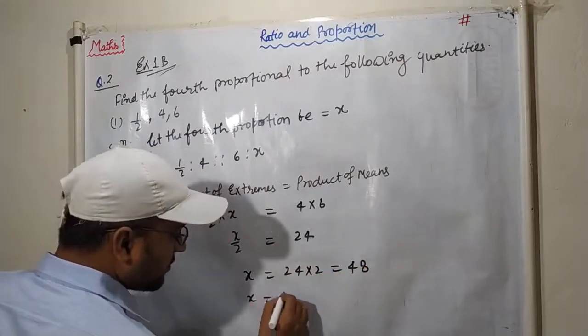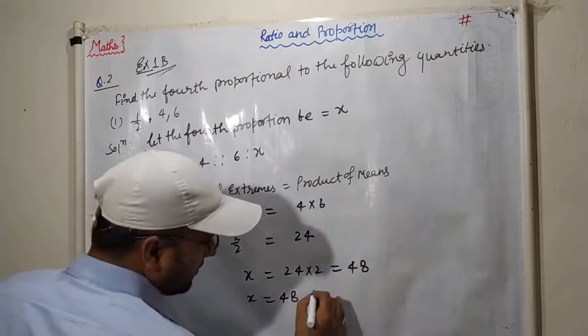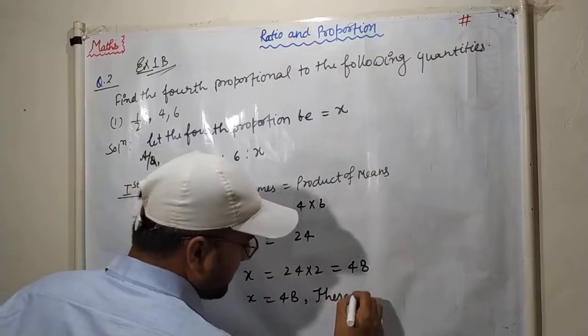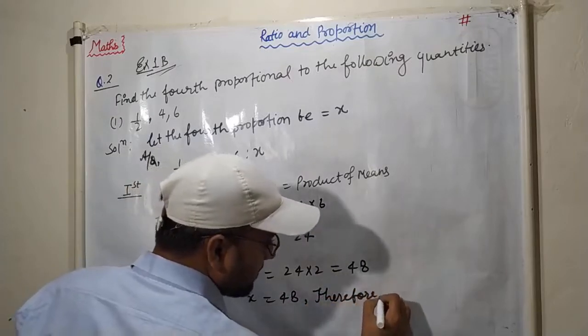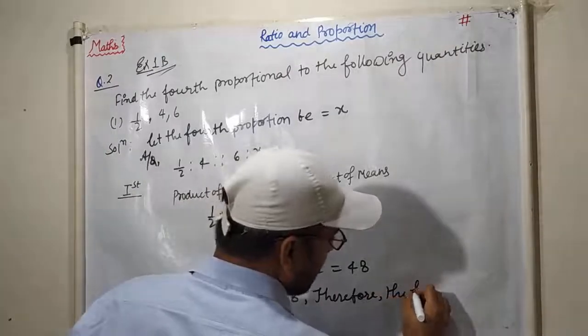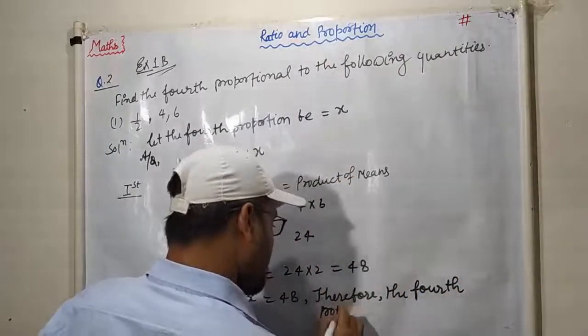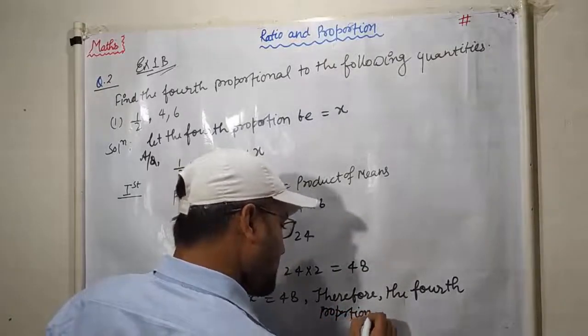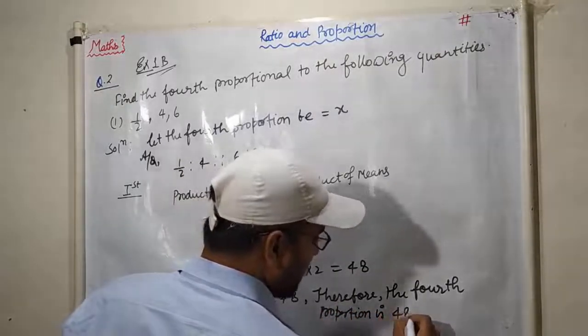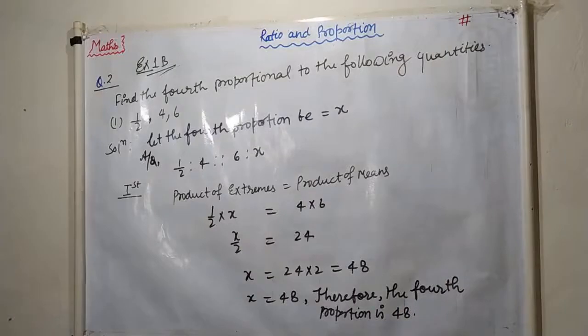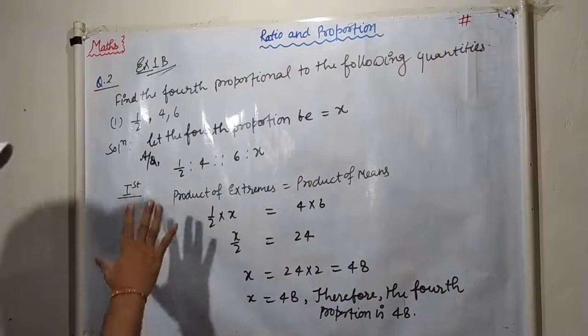So x is equal to 48. So therefore the fourth proportion is 48, students.